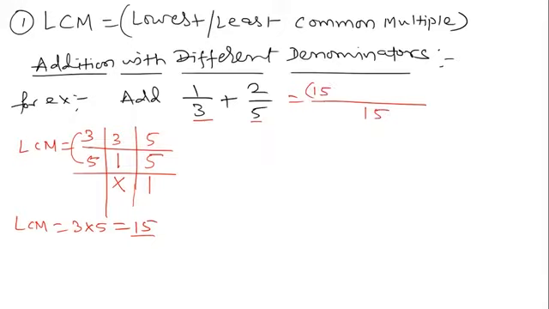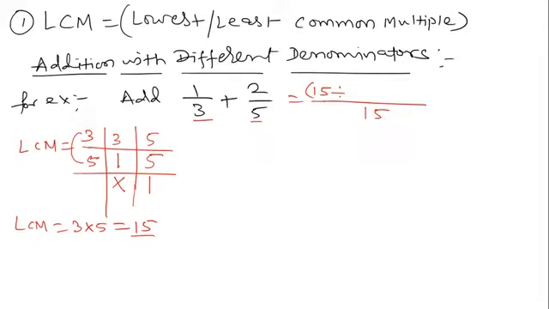Now first write here 15, the denominator that we got here, and put here a division sign and write the first multiple. What is the next step? So remember that first you have to write the LCM, that is the common denominator.